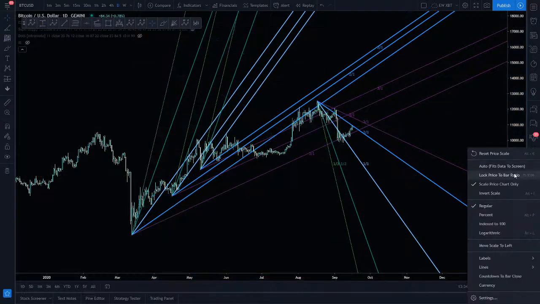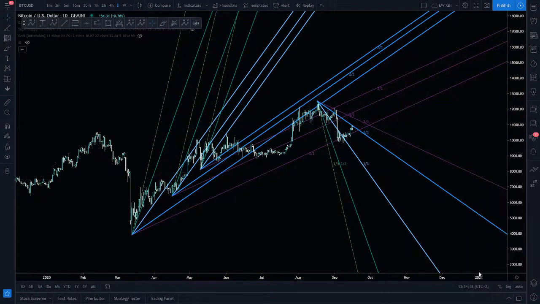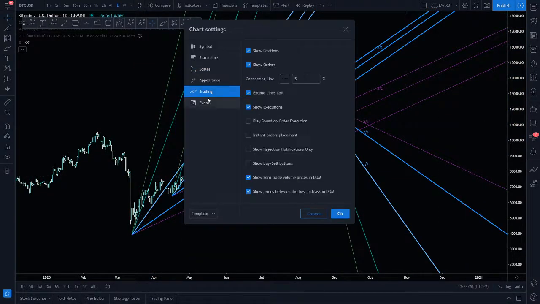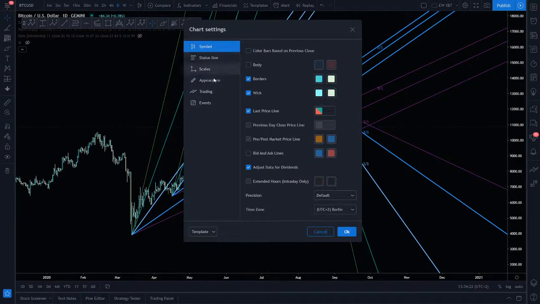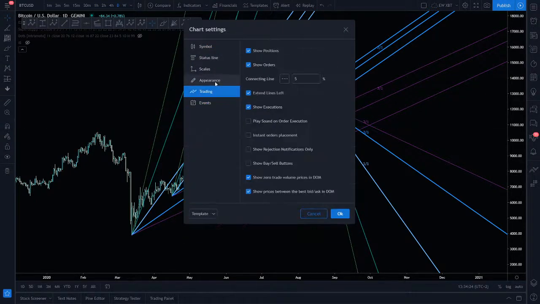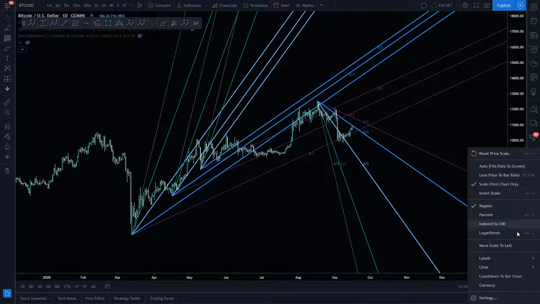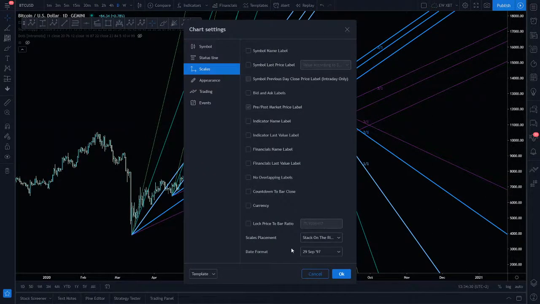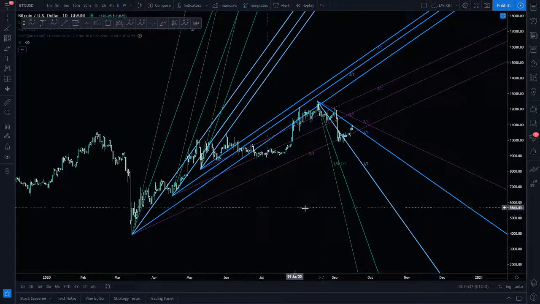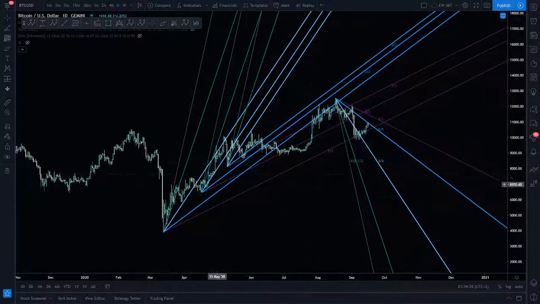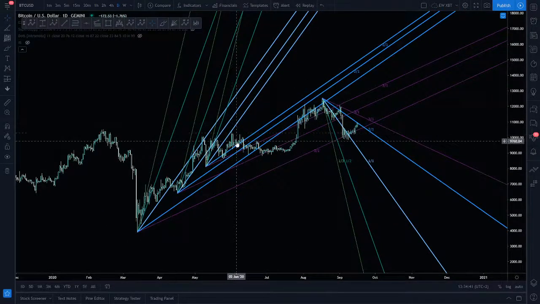But you can write them down, or if you go to settings, you can see the number right here. You can basically write this number down for each pair, and it's going to be the same one. So yeah, this is how you scale your Gann fan, right?